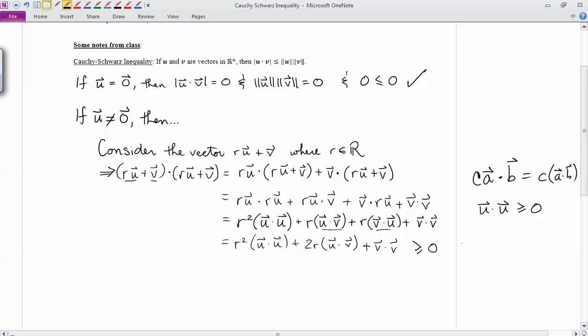Okay, this thing right here on the left side of this inequality, the part that's greater than or equal to 0, is really a quadratic expression.